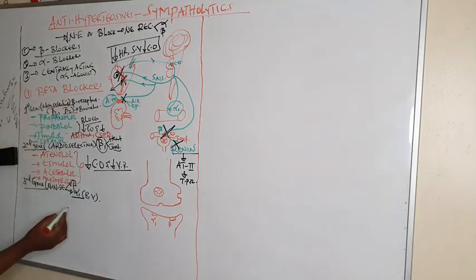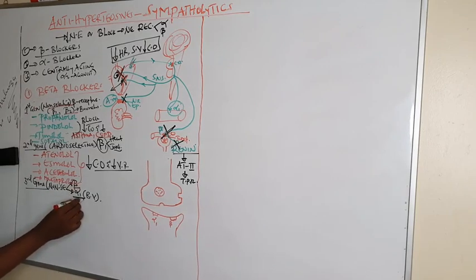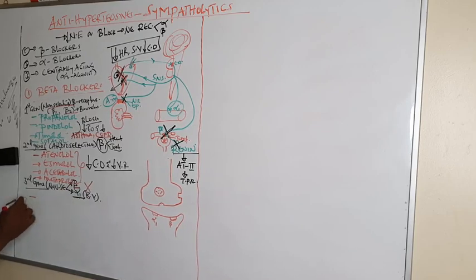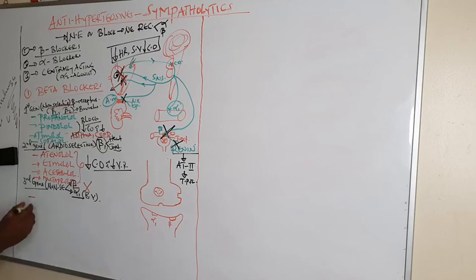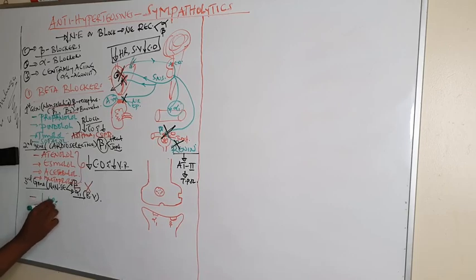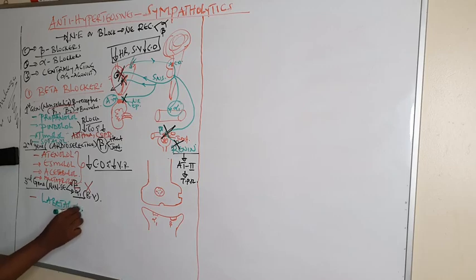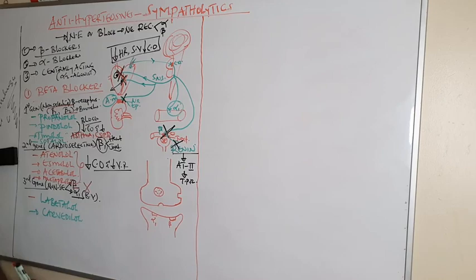Then the third generation, which is non-selective for both beta and alpha-1. So meaning it acts by blocking both beta receptors and alpha-1 receptors. Examples include labetalol and carvedilol. So these are the two examples under third generation.